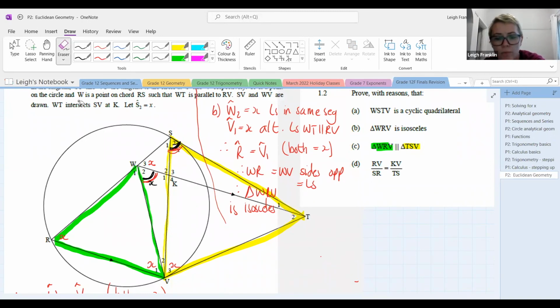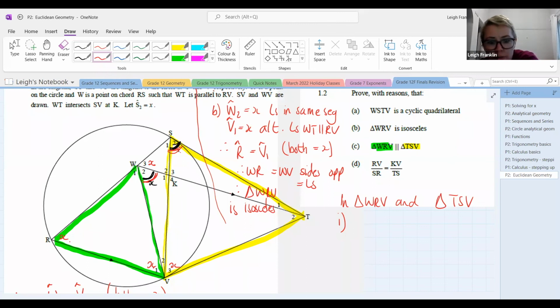When we prove similarity, very important, we start off by naming the triangles we're working in. So in triangle WRV and triangle TSV. Here we've got an X, and here an X, and here an X, and here an X, so this is going to be pretty easy.